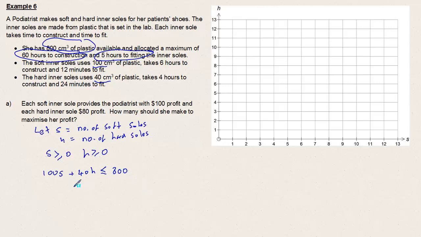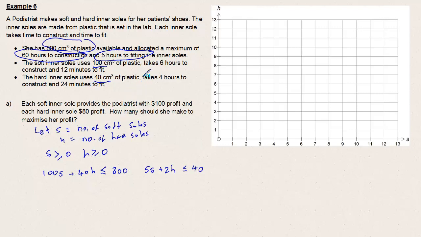And of course we could cancel this down. Everything here divides by 20 to 5S plus 2H, and 800 divided by 20 is 40.